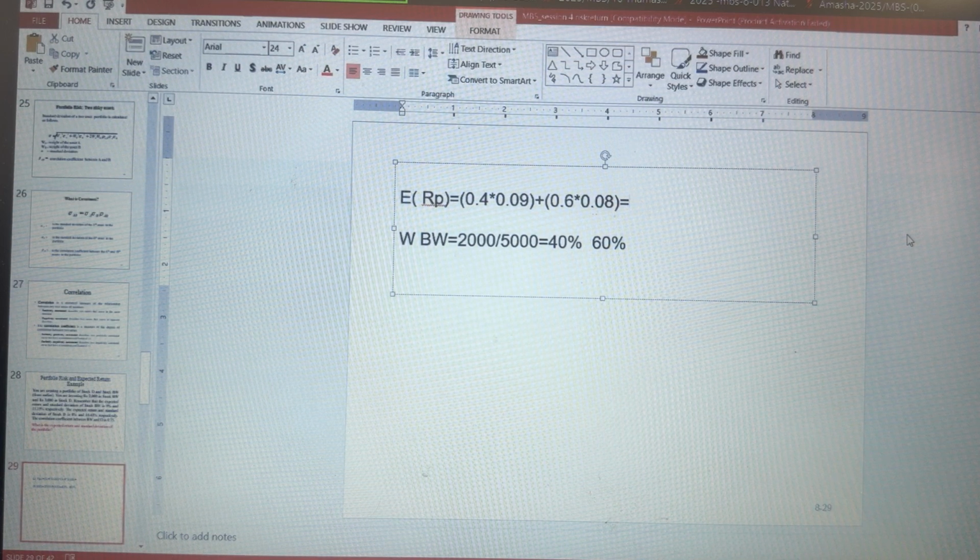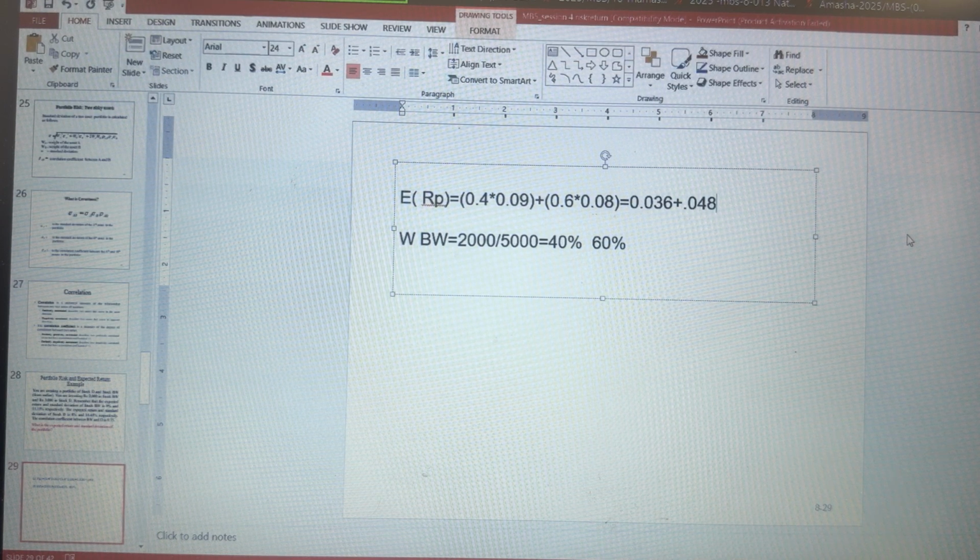If you calculate the expected return for this, it should be 0.4 into 0.09, 0.036, plus 0.6 into 0.08, 0.048.